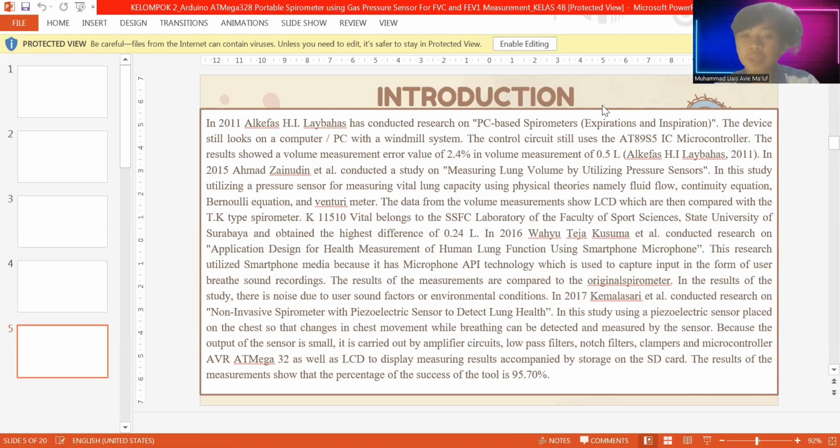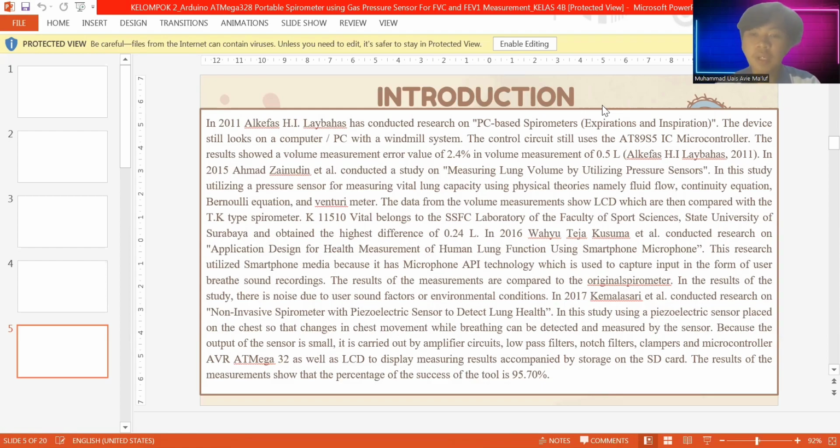The data from the measurement were compared with the Chest type spirometer belonging to the laboratory of the Faculty of Sports Science, State University of Surabaya, and obtained the highest difference of 0.24 liter.